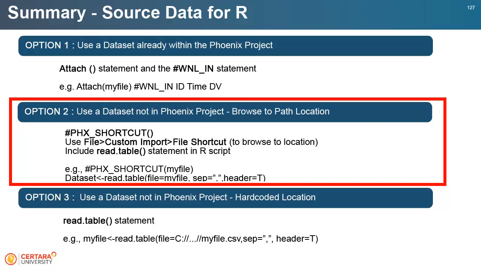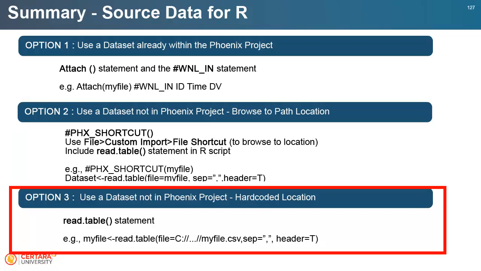The second option requires that the dataset is selected as a file shortcut custom import. Using the phx_shortcut statement allows a Phoenix shortcut to be mapped in the setup. The second option allows datasets to be quickly swapped as long as they are Phoenix shortcuts. The third option was to simply hardcode the dataset location in the R script.